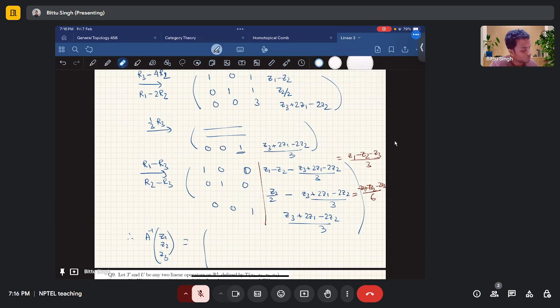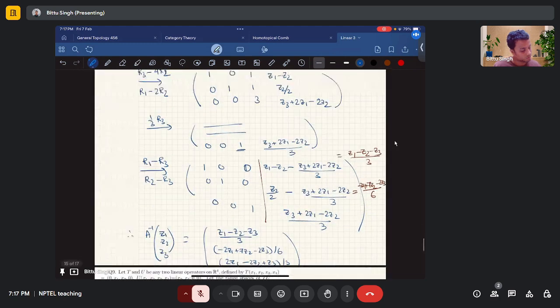So the answer is minus 2Z1 plus 7Z2 minus 2Z3 by 6. And the last one, rearranged, is 2Z1 minus 2Z2 plus Z3 by 3. So this would be the correct answer.